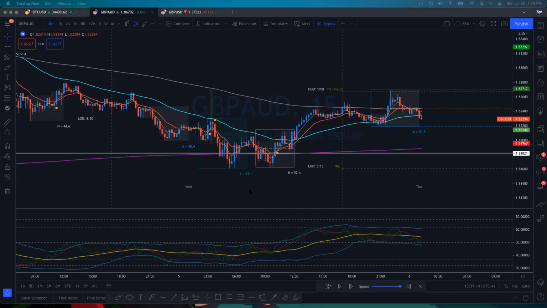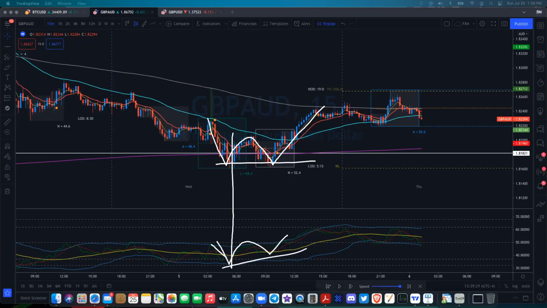Now you can start to make sense of what's really happening here, where you get that this is the first leg here. The second leg is here. So you do get some divergence on a multi-session.